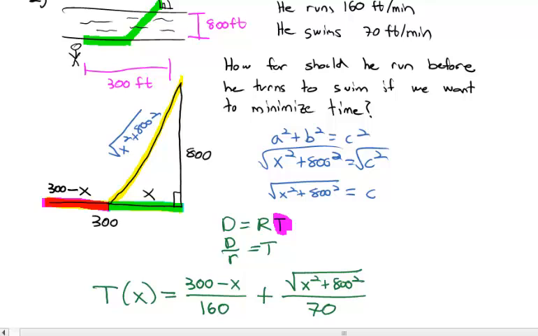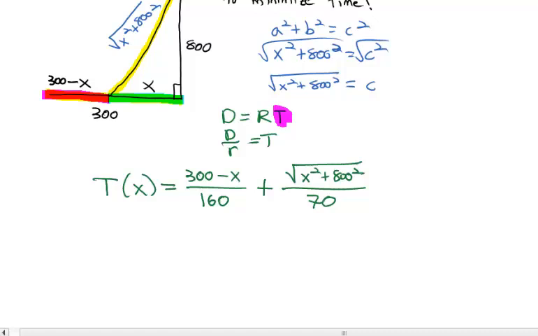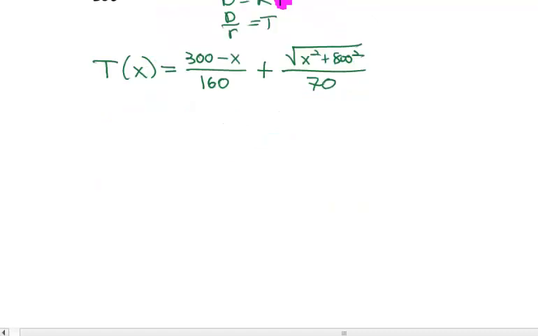So if we want to minimize his time, we need to minimize this function. We need to take the derivative and set it equal to 0.